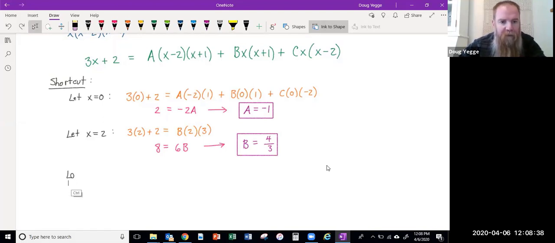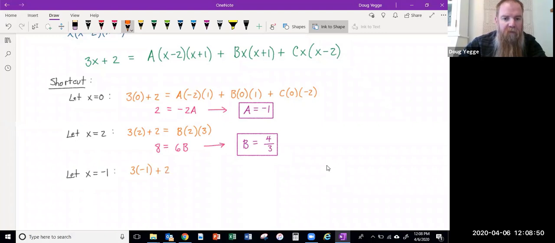So we're going to do one last example, or one last substitution. And we're going to say, let's let x equal negative 1. So that gives me 3 times negative 1 plus 2 is equal to, but again, if I plug in negative 1, this term cancels and this term cancels, because those are both going to go to 0. So I don't have to worry about that one. All I'm left with is the term that involves c.